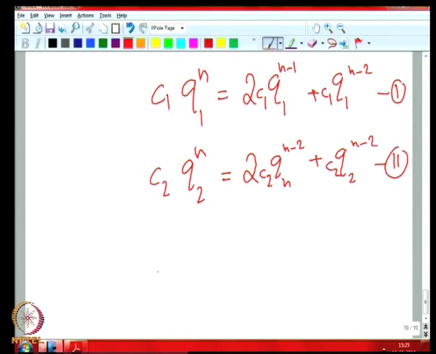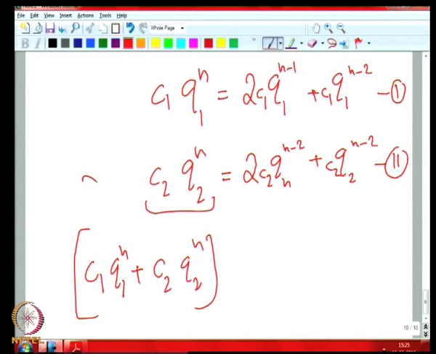Now, add it together. So, this will become C1 into Q1 raised to n plus C2 into Q2 raised to n. This was the proposed solution for Hn.